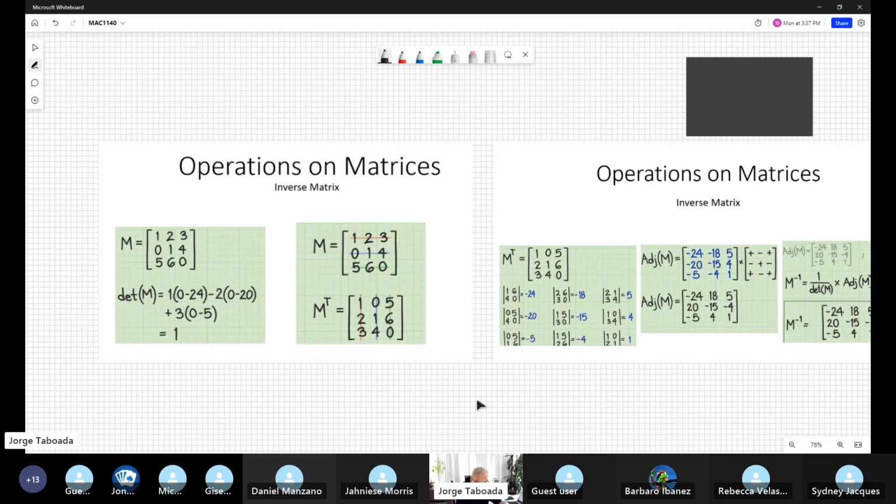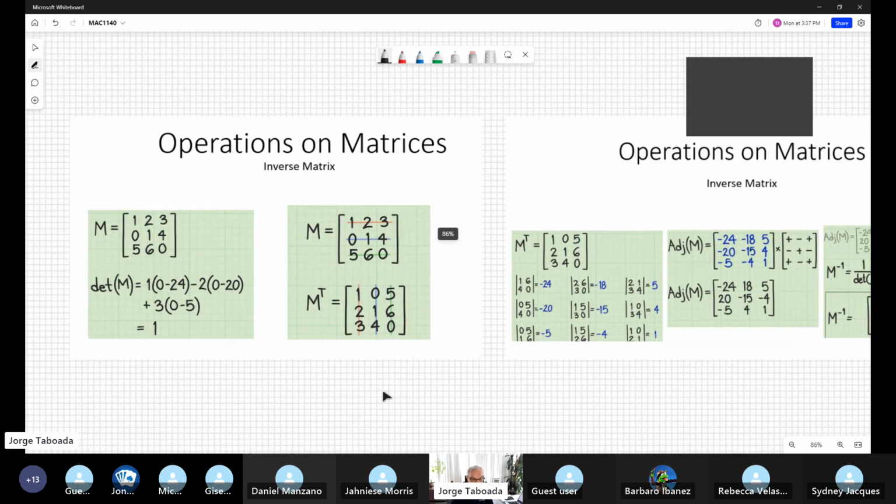But my goal is to compute the matrix inverse. Okay, so I can do it in different ways. You can do it using the formula, or we can do it using the augmented matrix and apply the famous reduced row echelon. Let's do it here by the formula.